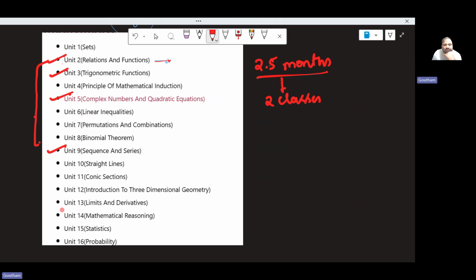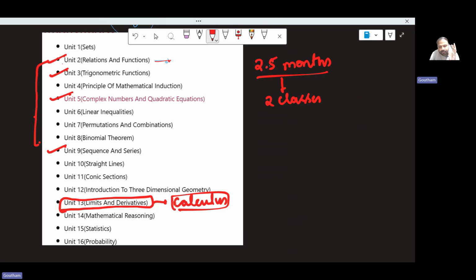After these chapters, we'll be shifting to the most important chapter, that is limits and derivatives. It has continuity in your next year as well. This is the heart and soul of what we call calculus. It is the so-called draconian chapter for some students, and some students find it easy to score. I would not say very easy, but it is easy to score.